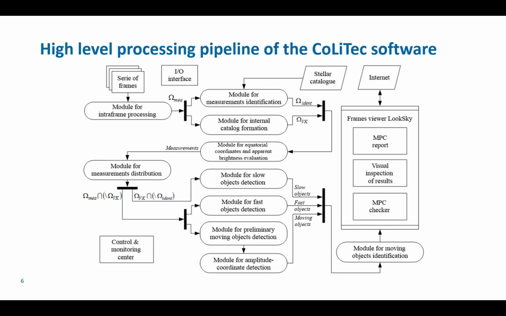The whole algorithm includes the usage of the Kalytek software for performing the intraframe and interframe image processing. The high-level processing pipeline of the Kalytek software is presented in this slide.